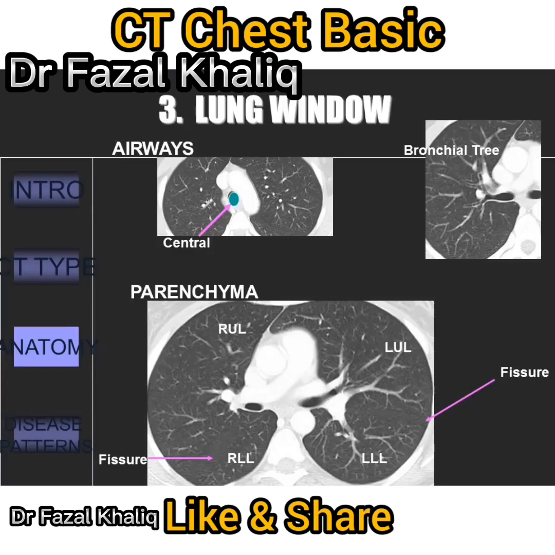Do it by lobes. Try to find the fissure lines. They are either well demarcated black lines or simply avascular lines. Start with the right upper lobe, then the right middle lobe, then the right lower lobe. Repeat this for the left lung.